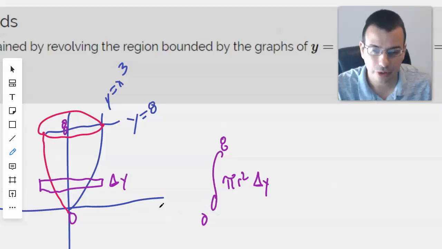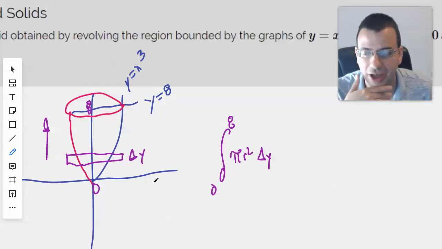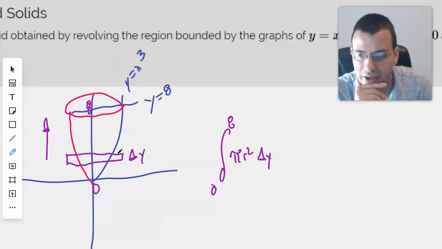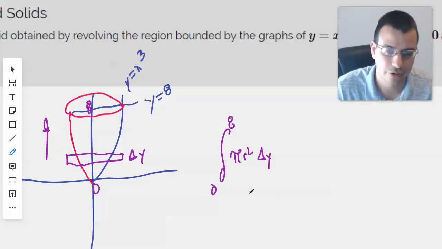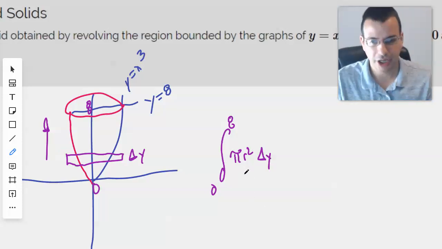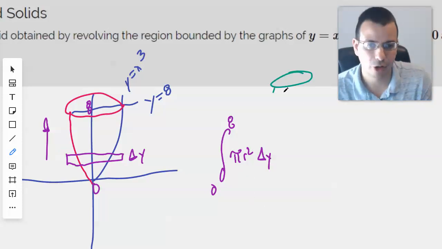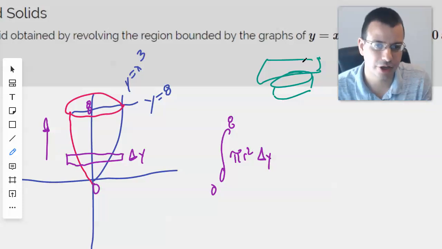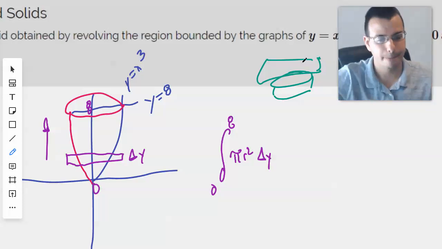Probably. So one of the tricks here then we're going to have to do is find out what this r is here. So pi r squared, the idea is this is the disk method. We have a whole bunch of disks and we stack them on top of each other. And they are of varying radii going up.